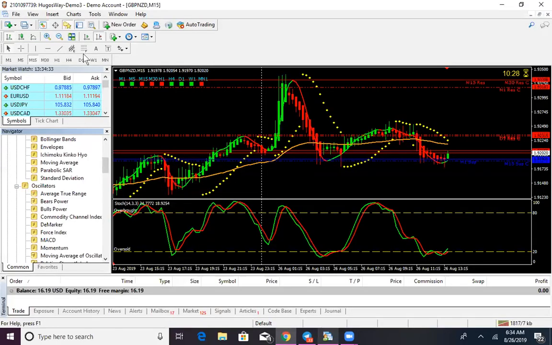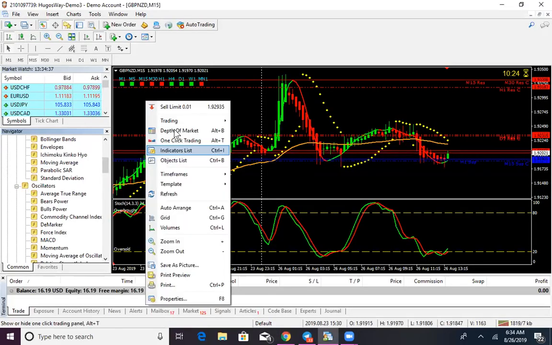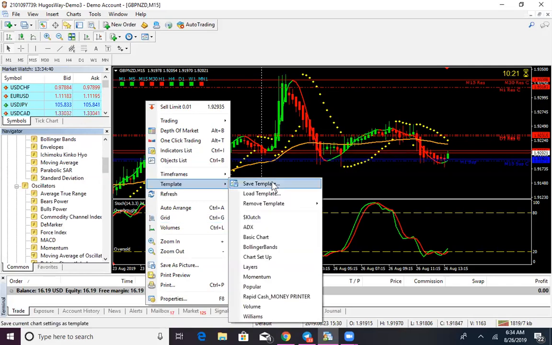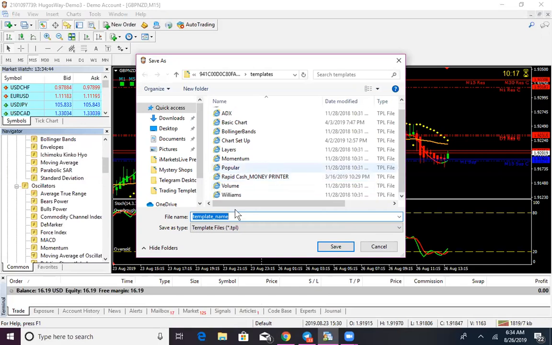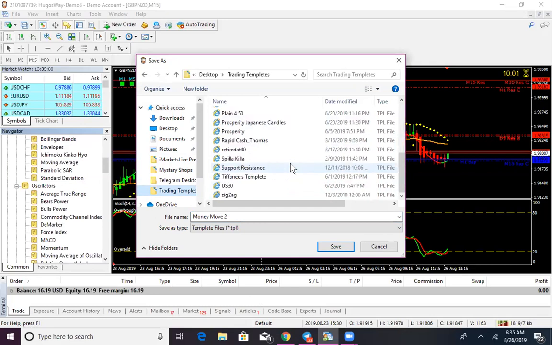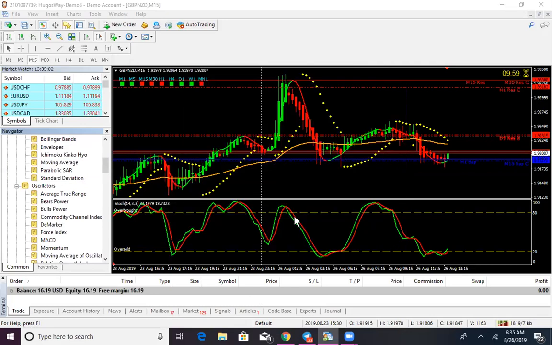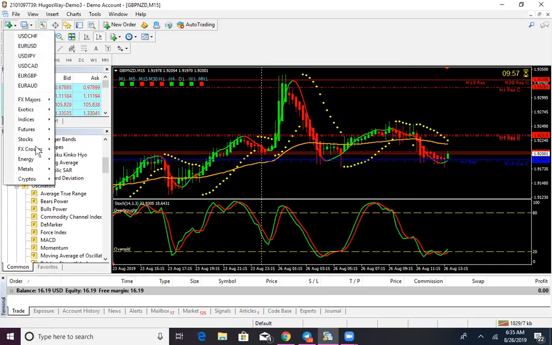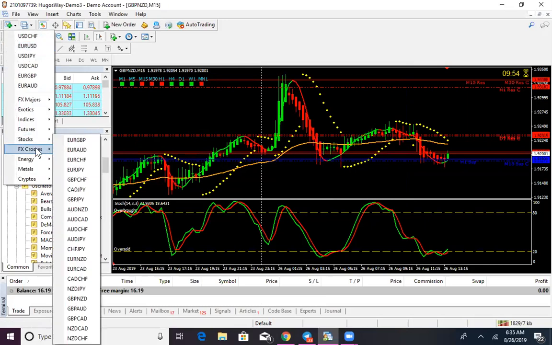What is that? GBP. Hold on, I need to save this template. And if you guys have questions, no, that was GBP CAD.